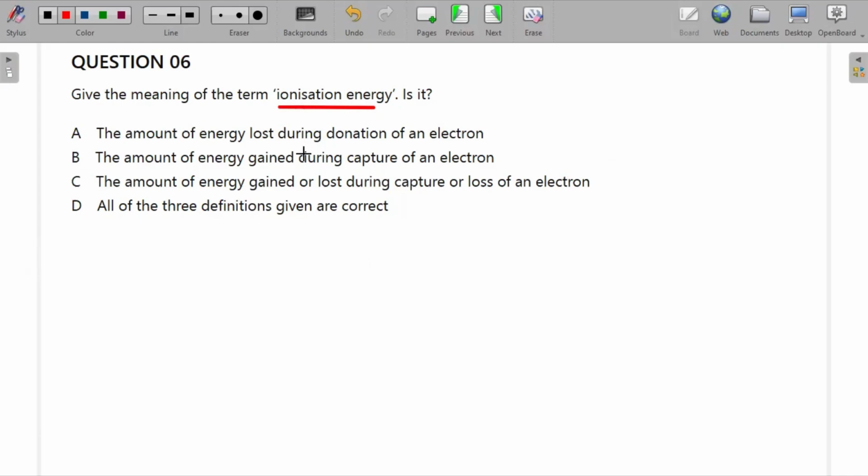When I look at A, it says the amount of energy lost during donation of an electron. Donation is the same as giving, meaning losing or removal. So this one here is the answer. Here, because they're saying energy gained, this one is not correct. It has to deal with the energy for removing an electron. All right, so the answer there is A.